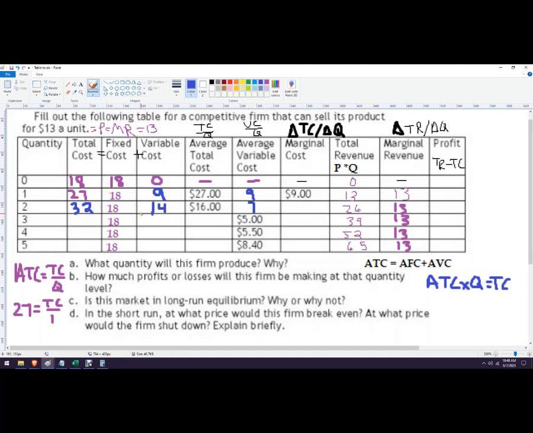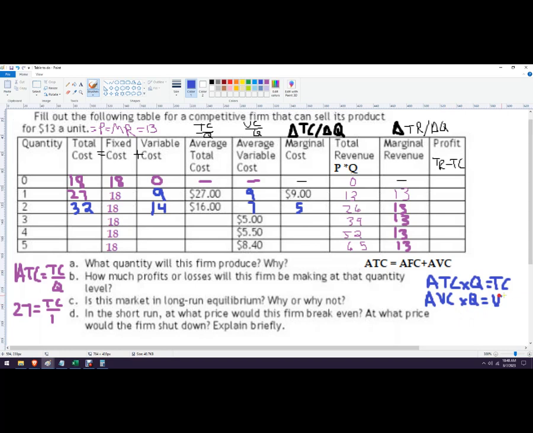14 divided by 2 is 7. Okay. And the marginal cost is the difference between going from here to here, or you can just go from here to here. It doesn't matter either way, so it's 5. You can see right there. All right, now we've got our average variable cost. So we're going to do similar to what we're doing here. Take our average variable cost, and we're going to de-average it.